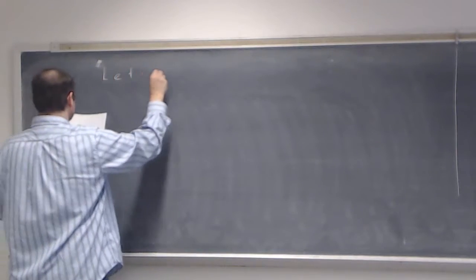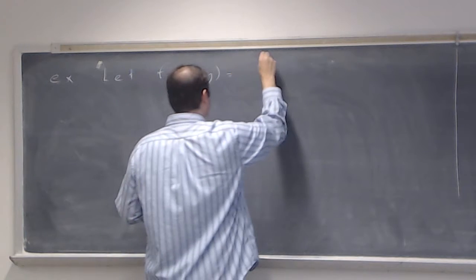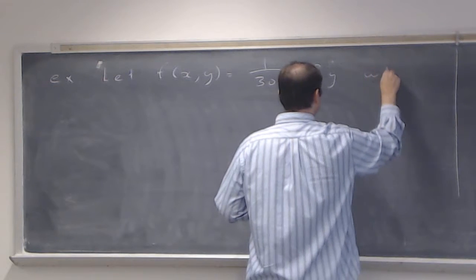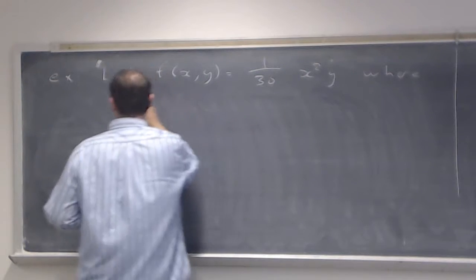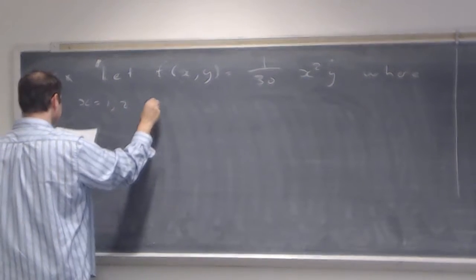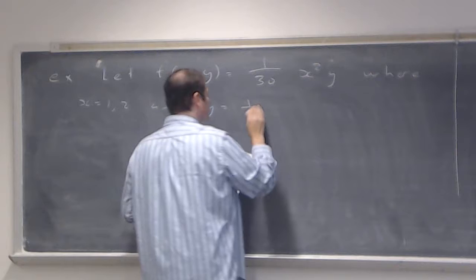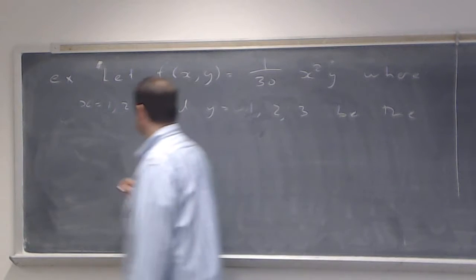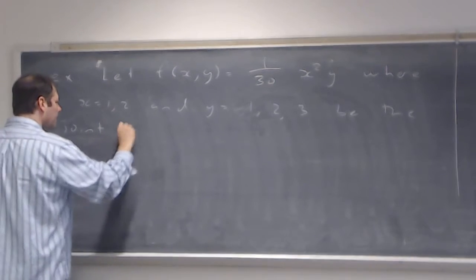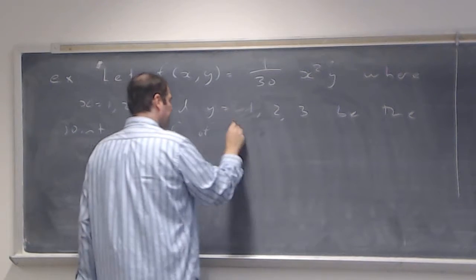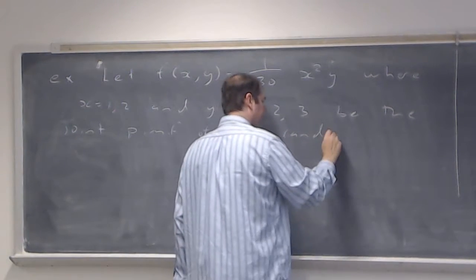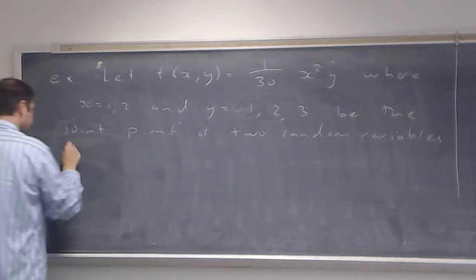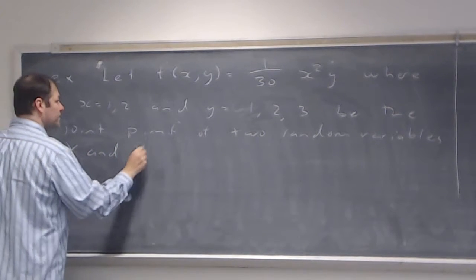Let f of x comma y equal 1 over 30 x squared times y, where x is equal to 1 and 2, and y is equal to 1, 2, and 3, be the joint PMF of two random variables X and Y. And of course, they're discrete random variables.